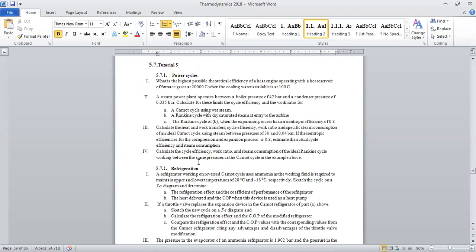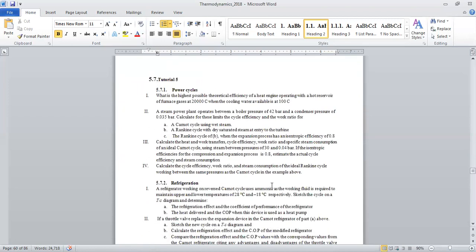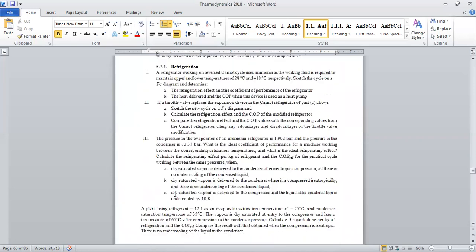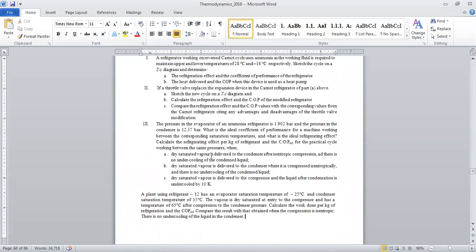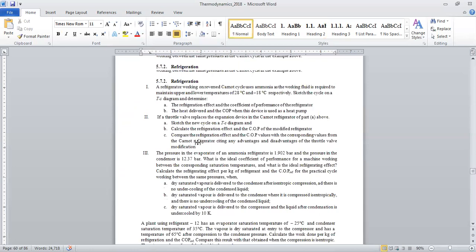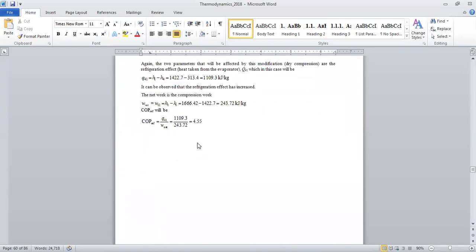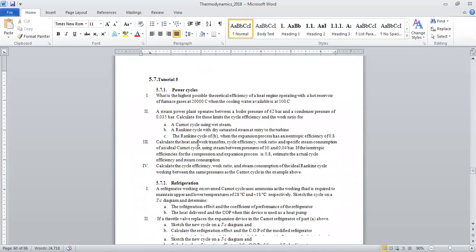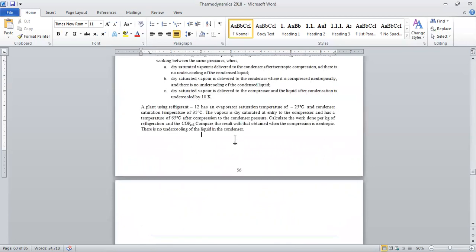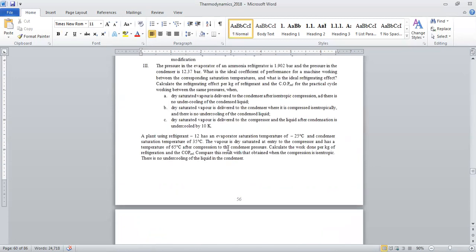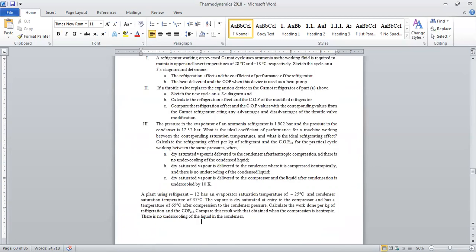For power cycles, you have this tutorial. Okay. So you have to do this. Okay. So page 45 to page 56. Okay. Page 45 to page 56.